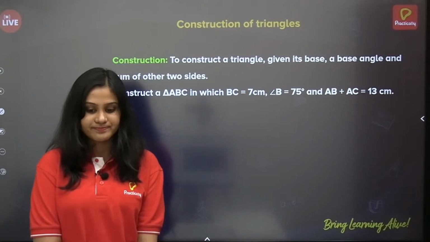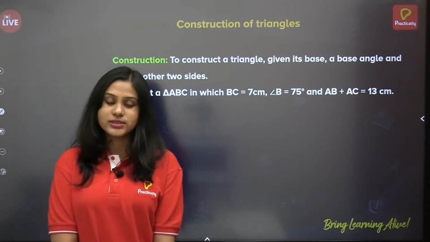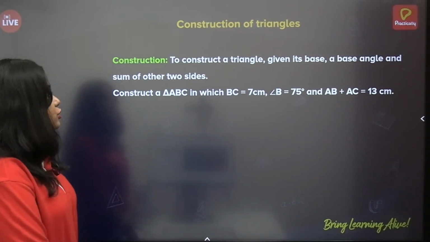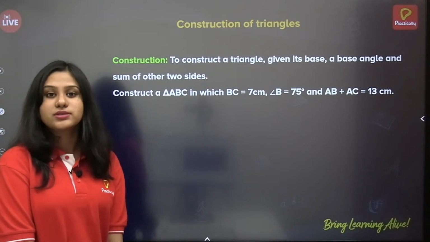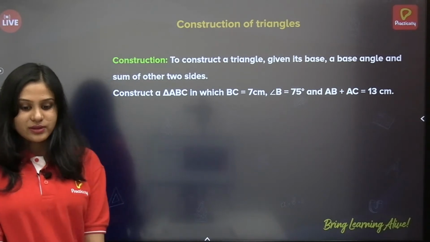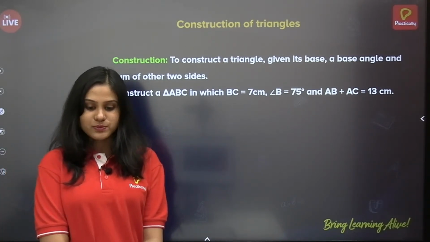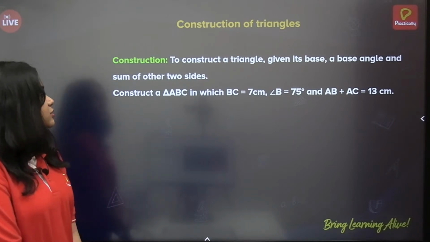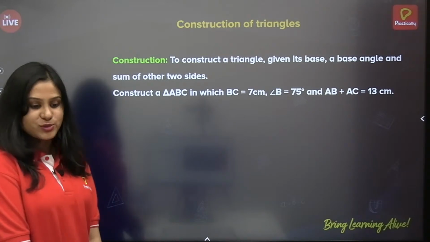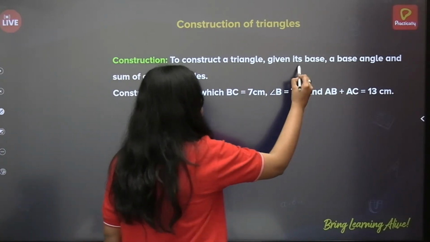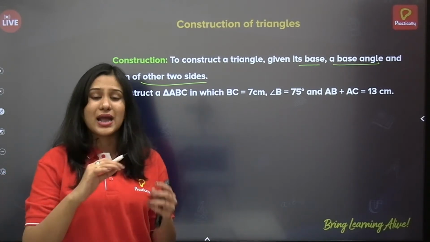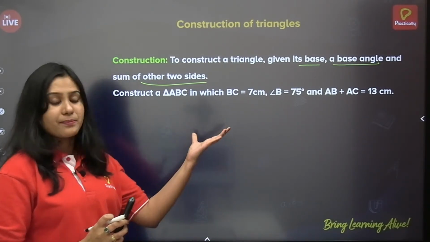Okay. So, for construction of triangles, what do we need? Let us see. Here, to construct a triangle, given its base, a base angle and sum of the other two sides. What are we given? Base angle and sum of the other two sides, correct? Instead of taking variables and vertices, let us take an example so that it will be clear.